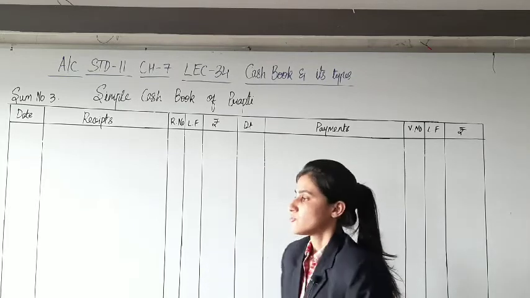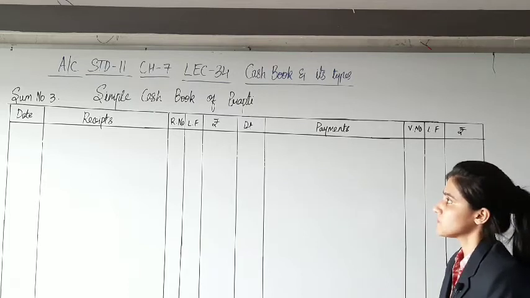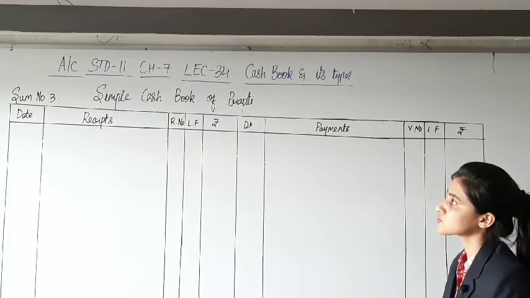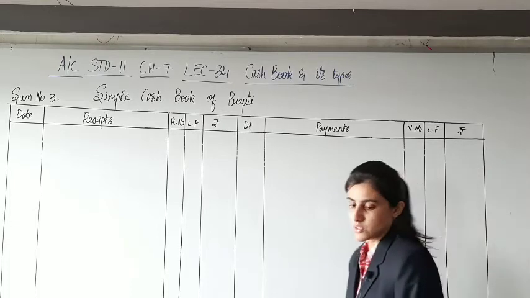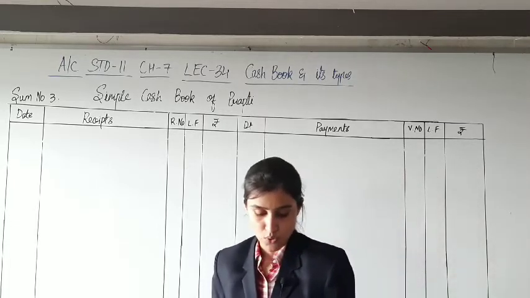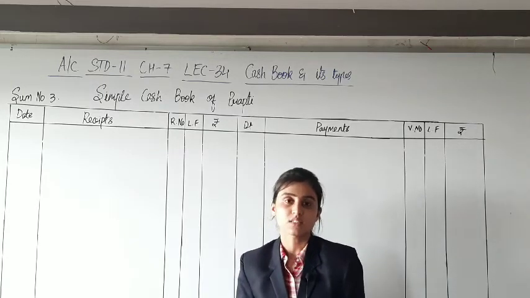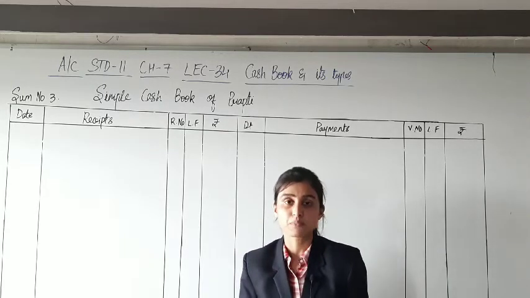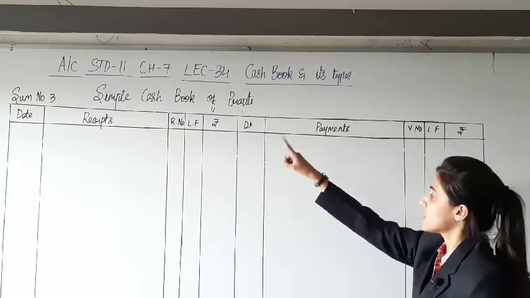Fine then, as I said, we are going to do sum number 3 similar to illustration 1, and now we are going to start. Sum number 3 is given on page number 184 in your textbook: record the following transactions in the cash book of Prapti. Simple cash book of Prapti, you can see the heading I have written.